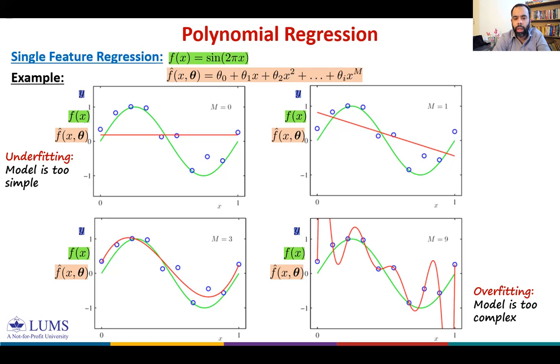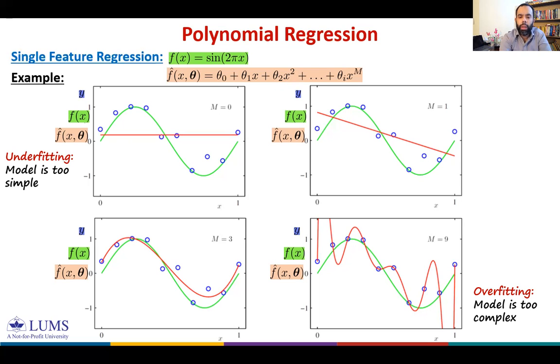We will see very shortly that if you still use m equal to 9, you can have a red curve that matches the green curve when you have a large number of data points. We will see this very shortly.